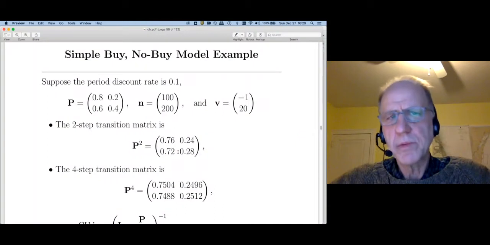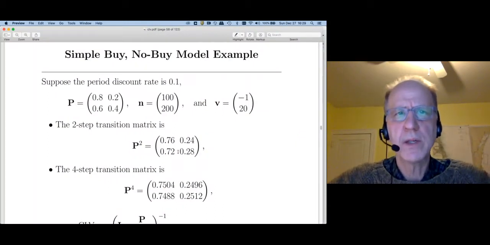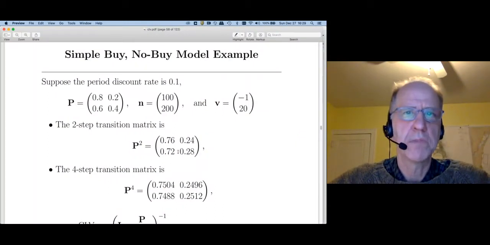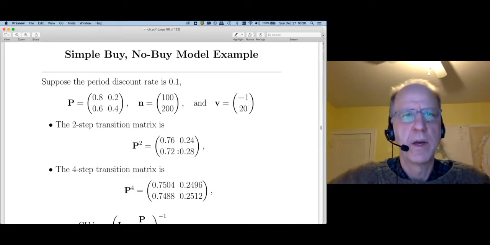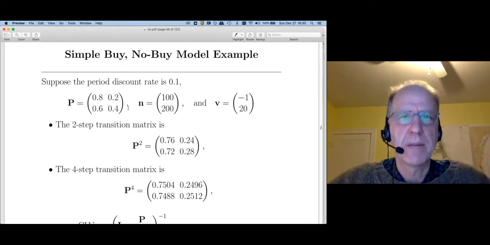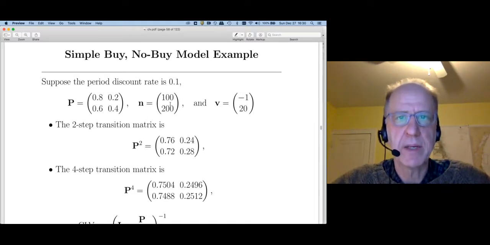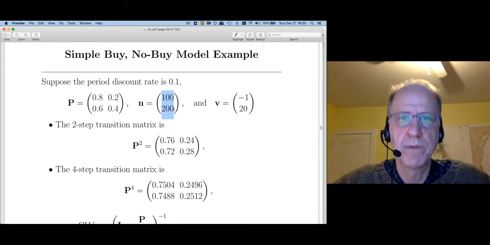Next, I thought I'd walk us through a simple example. Let's say that we have the following setup. I have a database with 100 customers who are currently inactive, and then there are 200 customers that just bought from me, so they are fully active.